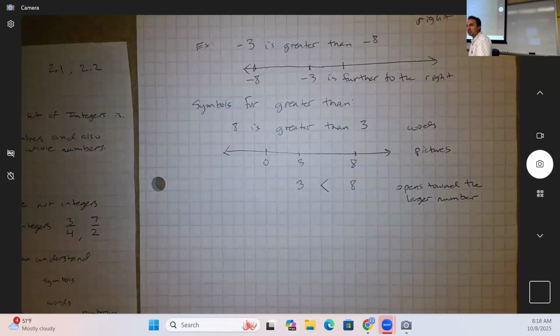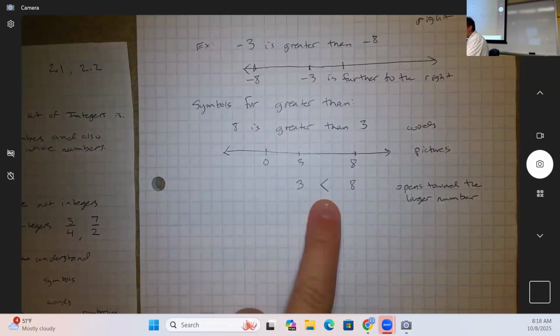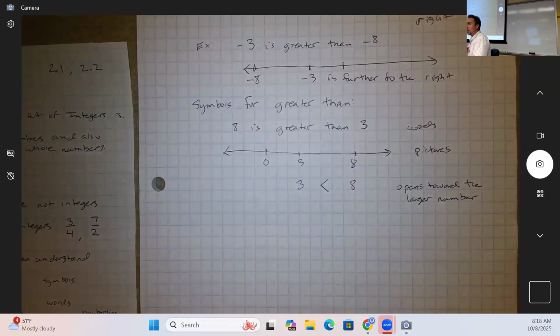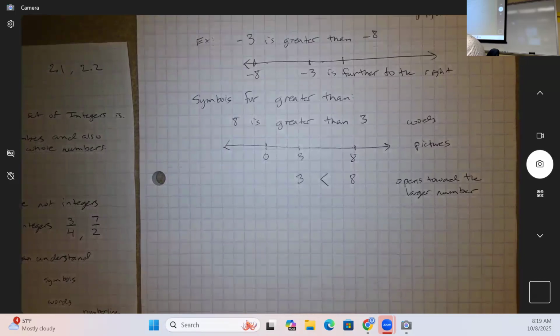I like to go through it in detail because picking the wrong symbol can make it seem like you didn't understand the math. And I want you to get the symbols right, mostly so you have that confidence about the math. But I also want you to know if you get the symbols wrong, that doesn't mean you don't understand the math. That's because these particular symbols are a little weird.